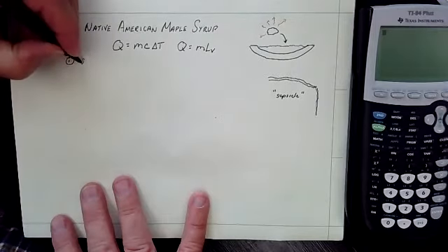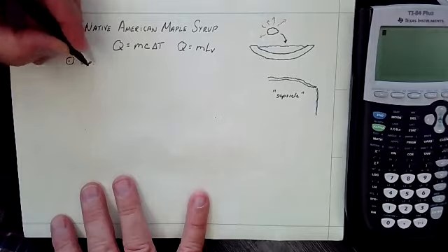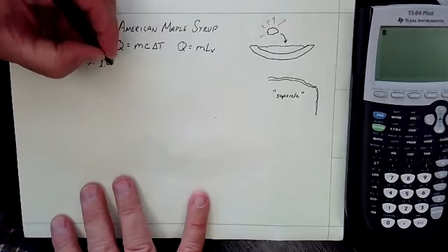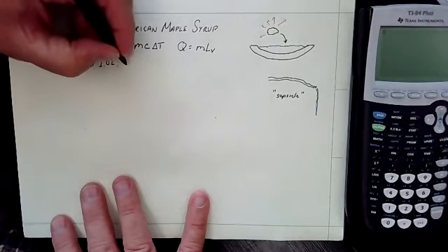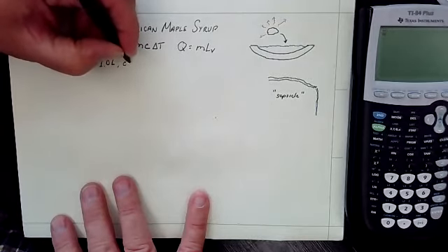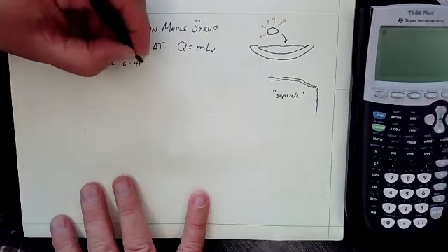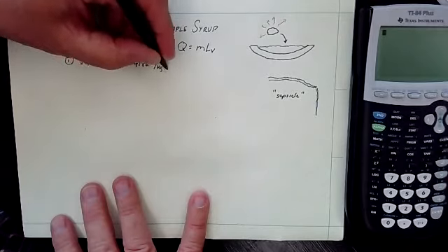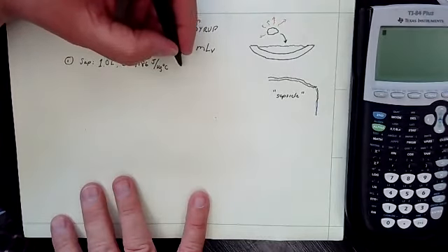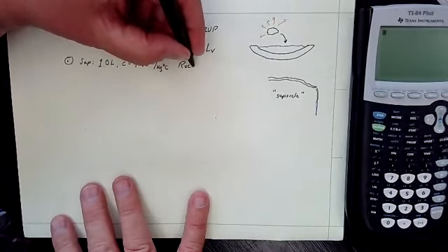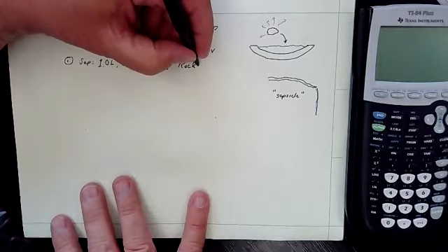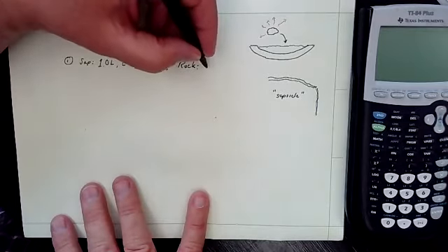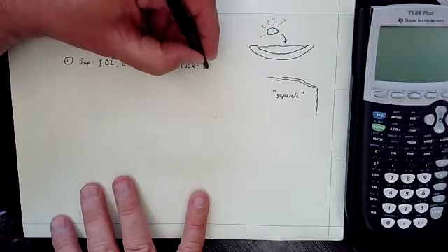So on the sap side, we're going to have 1 liter, and the heat capacity is going to be equal to the same thing as water, so 4186 joules per kilogram degrees C. And for our rock, let's use maybe 200 grams, so 0.2 kilograms.